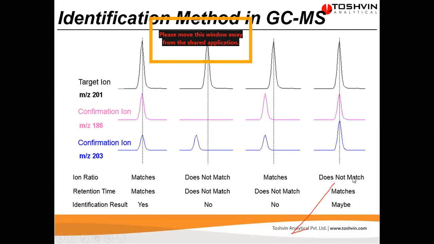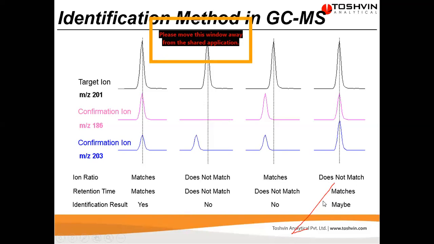In the last case, the target ion intensity is matching, confirmation 186 is matching, and 203 is a bit higher, but you can see the ion ratio does not match because the peak height is higher over here. Retention time is matching. The identification result says maybe.